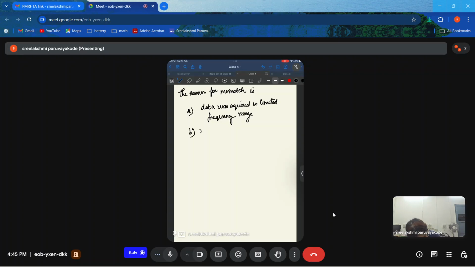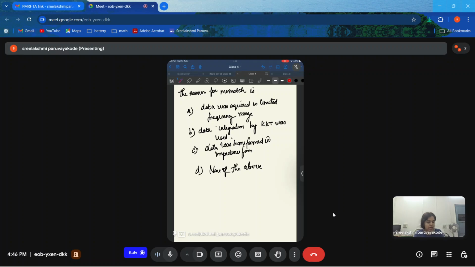Option B, data integration by KKT was used. Option C, data was transformed in impedance form. Option D, none of the above.